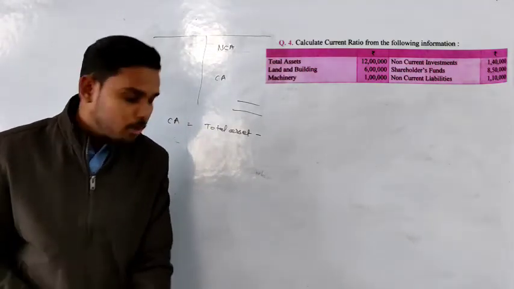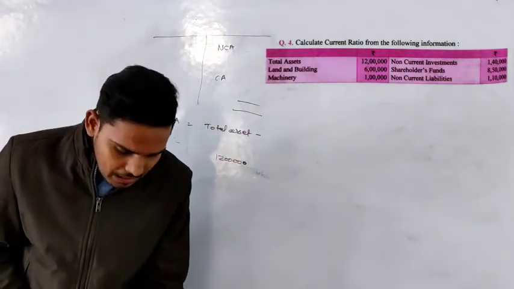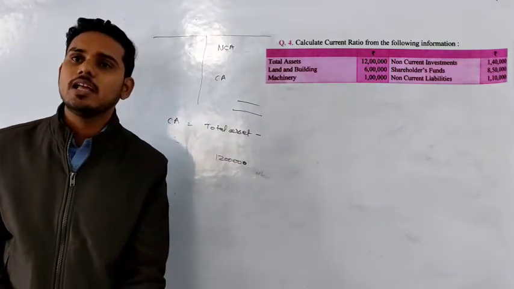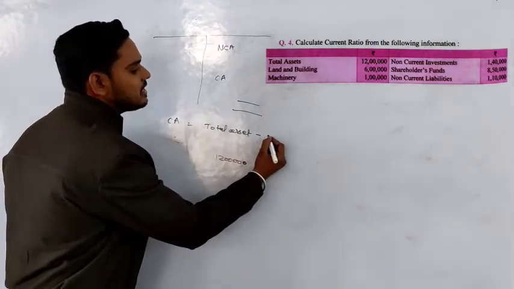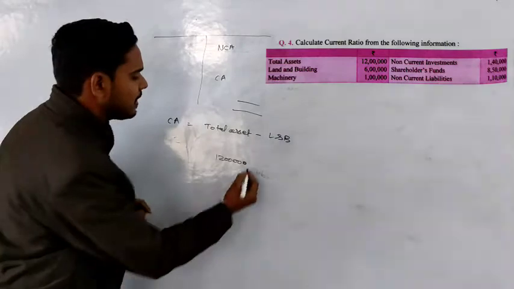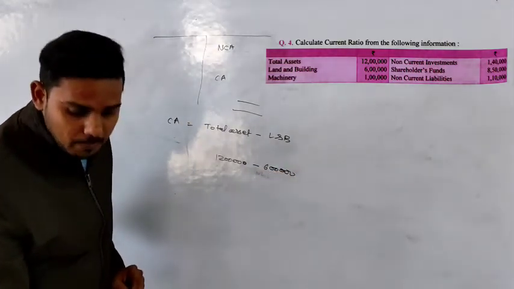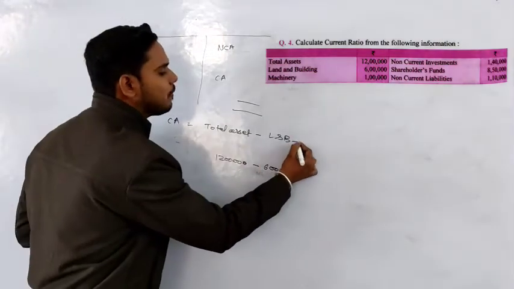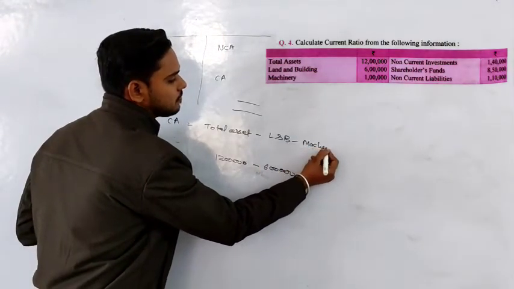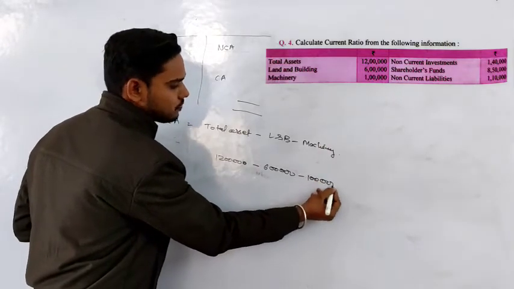First, total asset is what, sir? 12 lakh. So write 12 lakh here. Then land and building is non-current, so total asset minus land and building, minus 6 lakh. Then machinery is also a non-current asset, so minus machinery, minus 1 lakh.